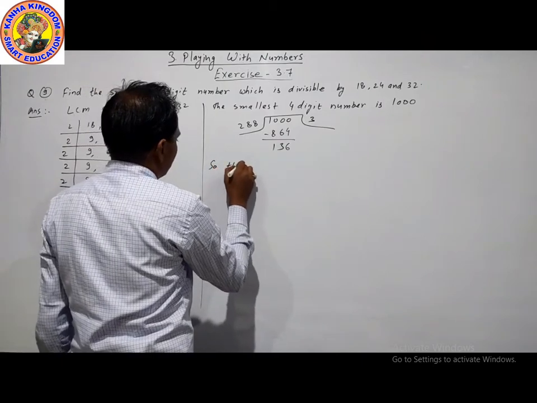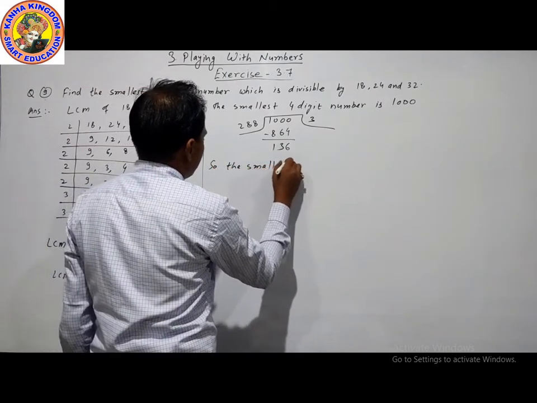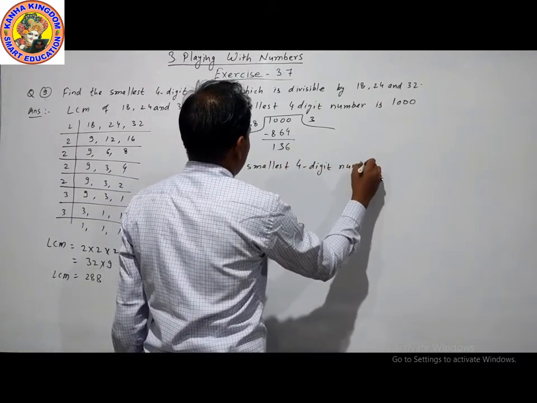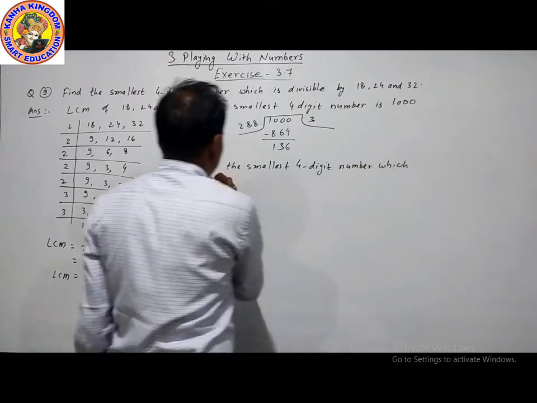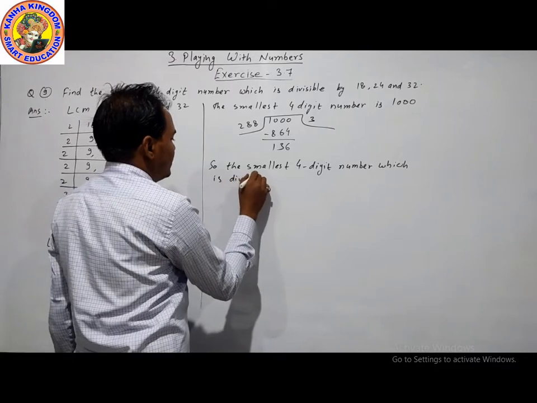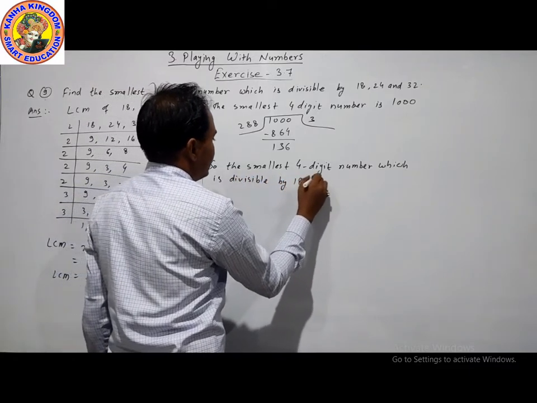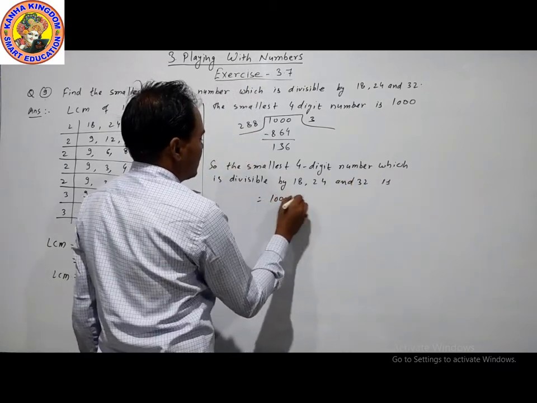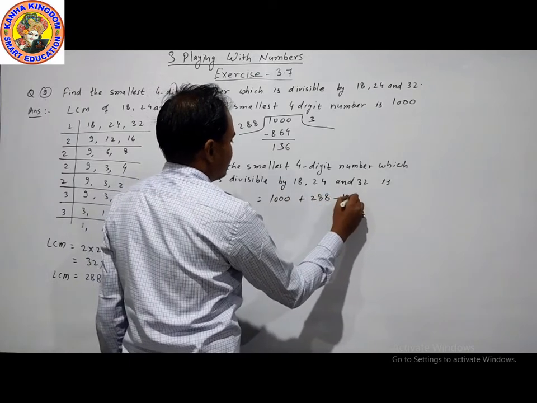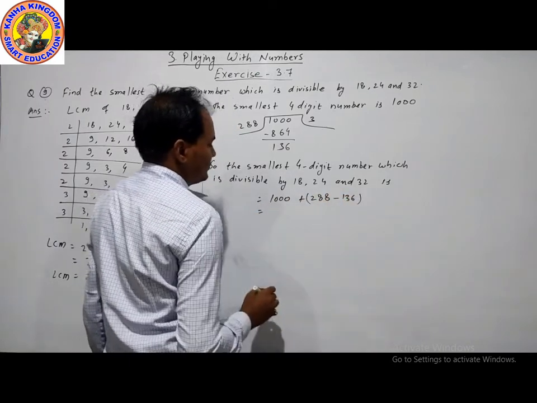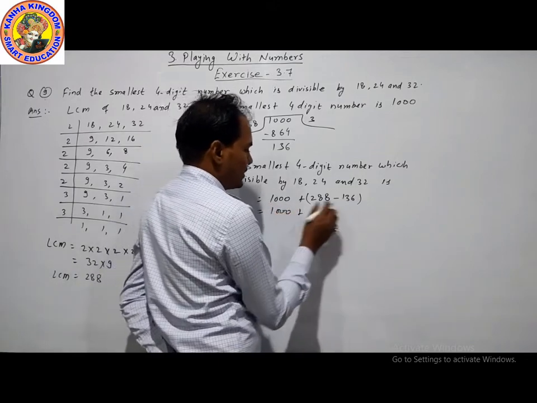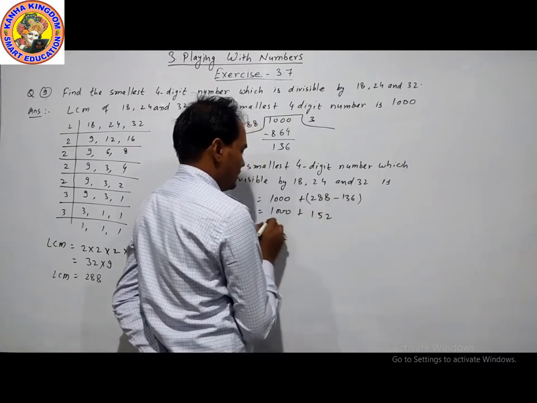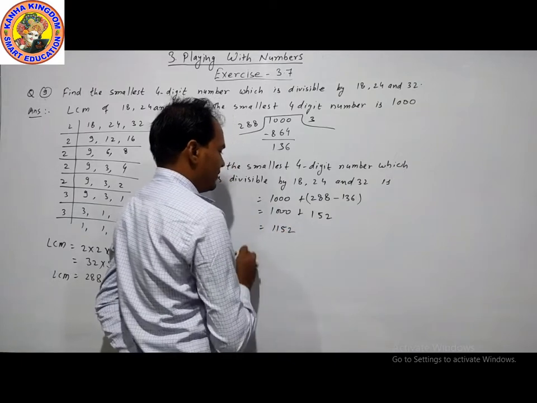So the smallest 4-digit number which is divisible by 18, 24 and 32 is 1000 plus 288 minus 136. 1000 plus, now subtracting, 152. So the number is 1152.